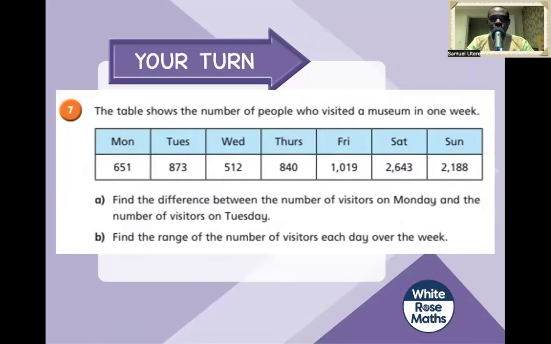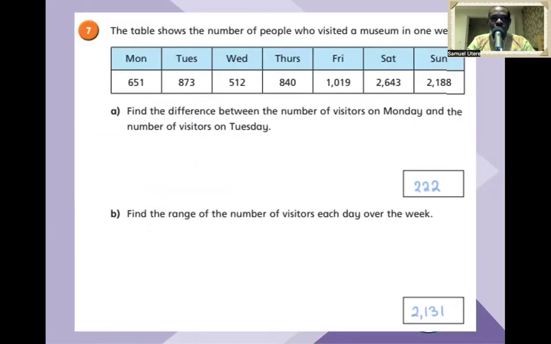All right, pause the video and answer question 7 in 2 minutes. You can work at your own pace. You don't have to do it in 2 minutes. All right, assuming you've paused the video and you've answered the questions, here are the answers. You were asked, find the difference between the number of visitors on Monday and the number of visitors on Tuesday.